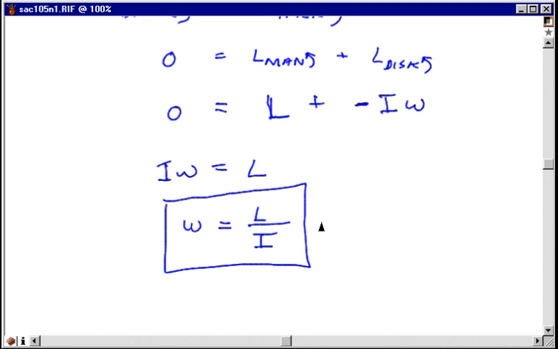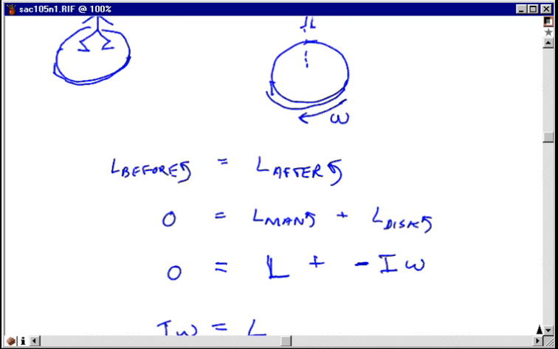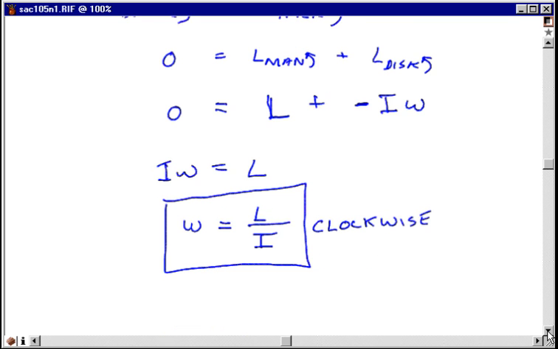And of course, we got to indicate the direction explicitly. Implicitly, we've solved for what omega is, and we've defined omega as being clockwise.